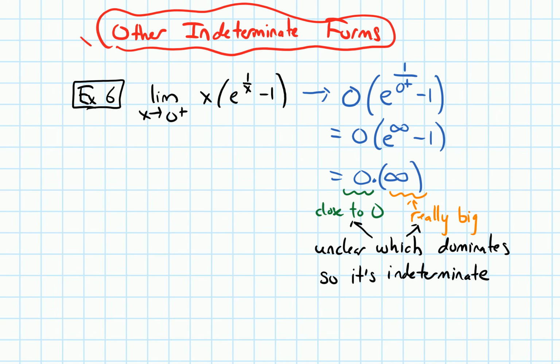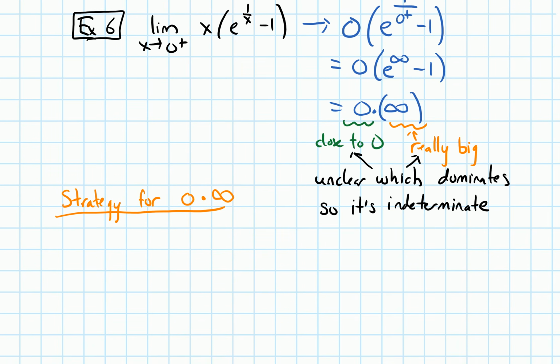Alright, so how can we evaluate something like this? Let's talk about strategy: what our strategy for dealing with a 0 times infinity limit will be. There's a way that we can simplify this so that we can use L'Hopital's rule on it.